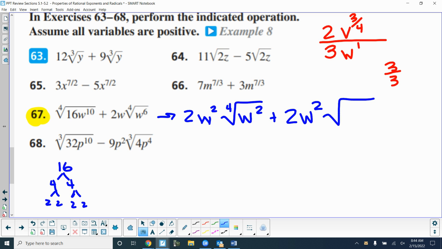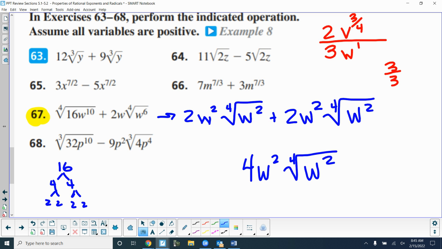So are these like radicals now? They are, right? They're exactly the same. So what's 2W squared plus 2W squared? 4W squared, and then fourth root still of W squared. Caitlin, you okay? Any questions on that one?